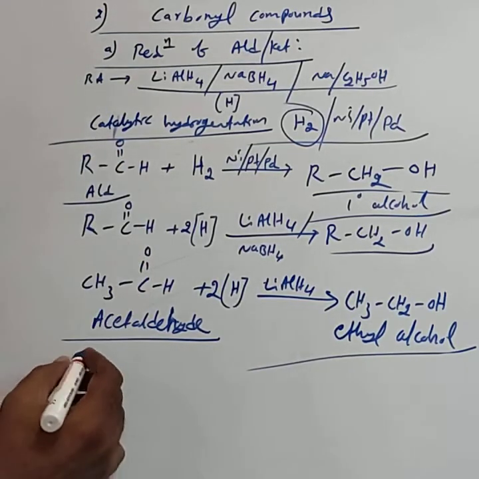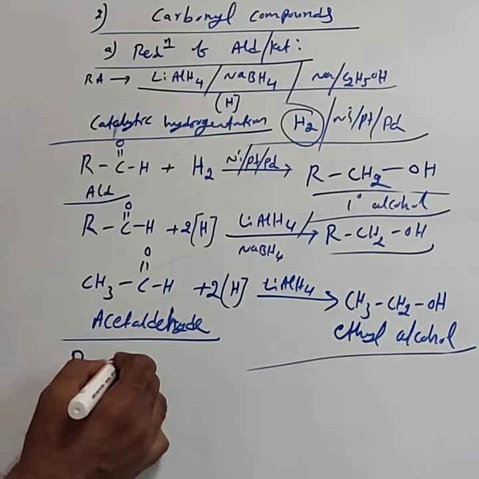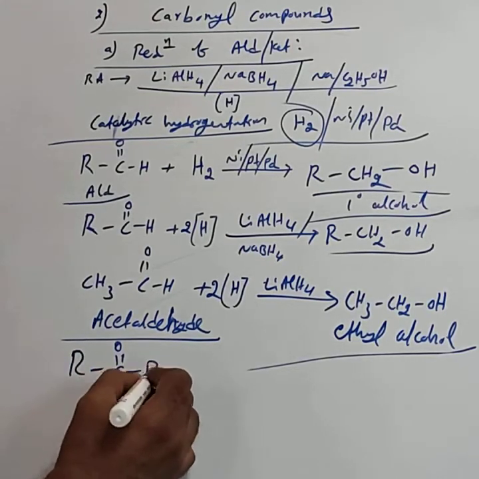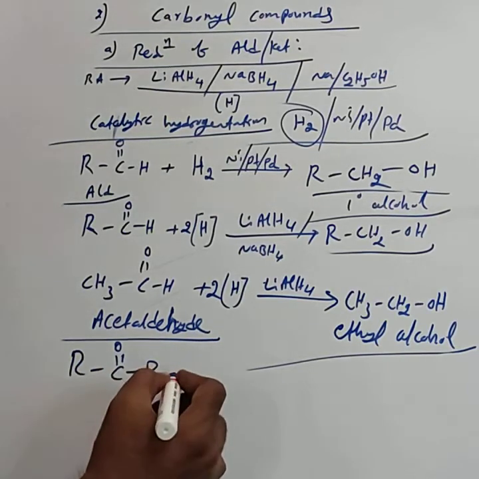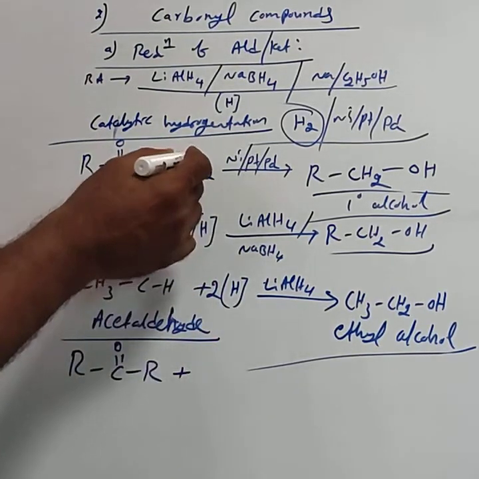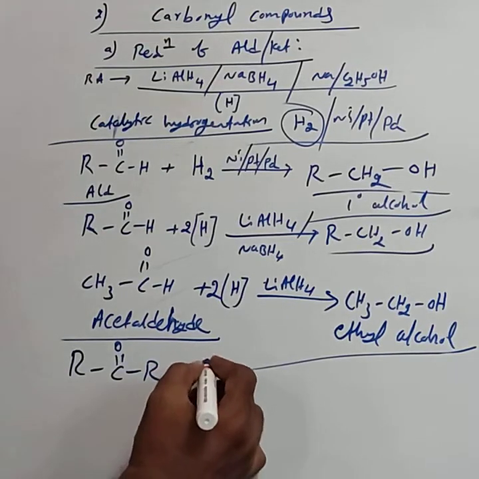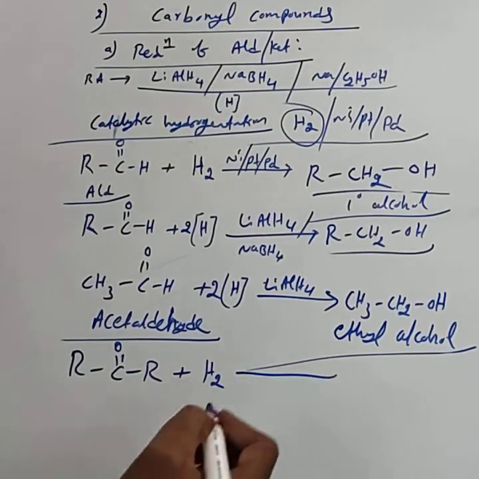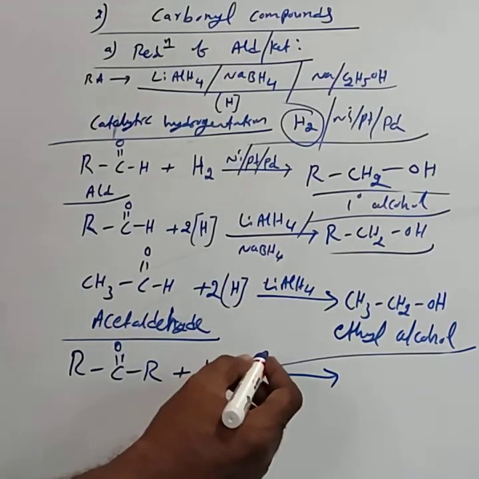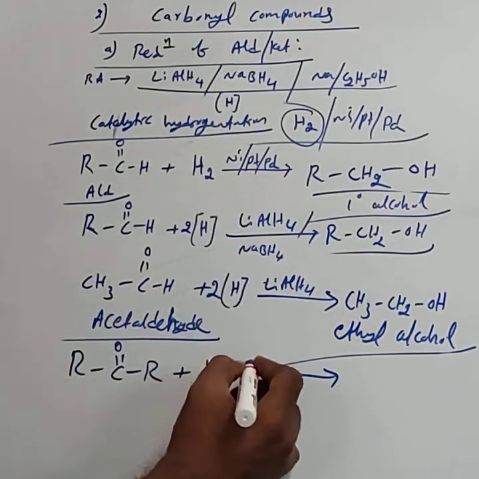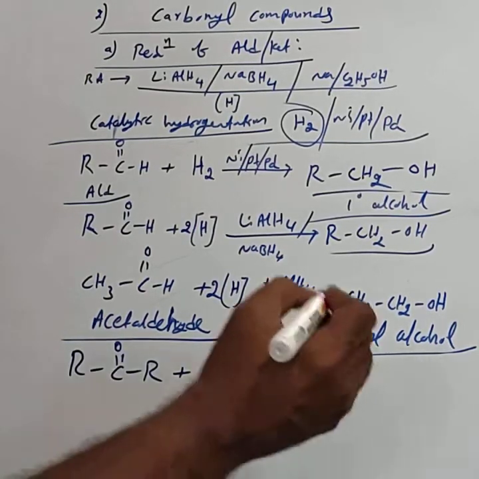Instead of aldehyde, you can consider ketone. The ketone formula is RCOR, R-C double bond O-R. Ketones undergo the same, either hydrogenation or reduction, either one. If we are using hydrogenation, the hydrogenating agent used is either nickel, platinum or palladium.